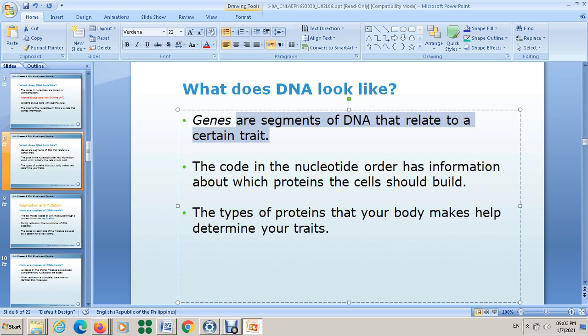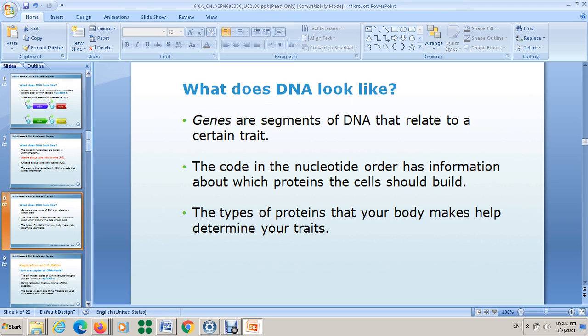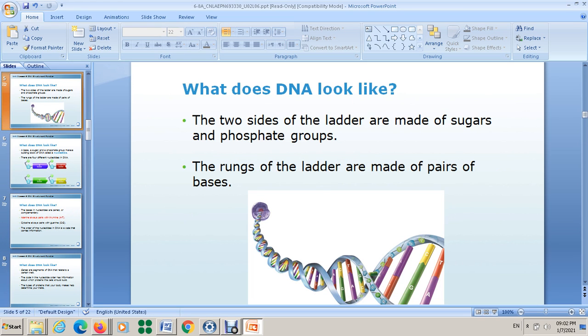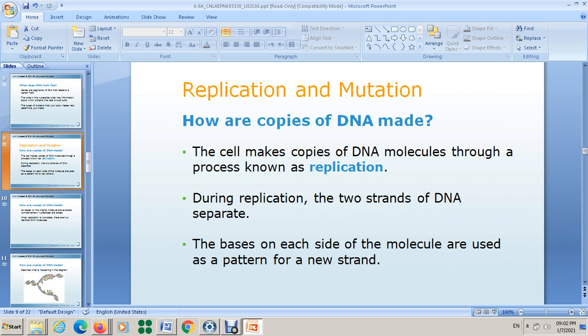For example, imagine this one is a segment of DNA. I took from this part to this part. It's a segment, so it's a gene, and this gene is responsible for a special trait, and it's a code for a special protein, for example, to make a special protein.